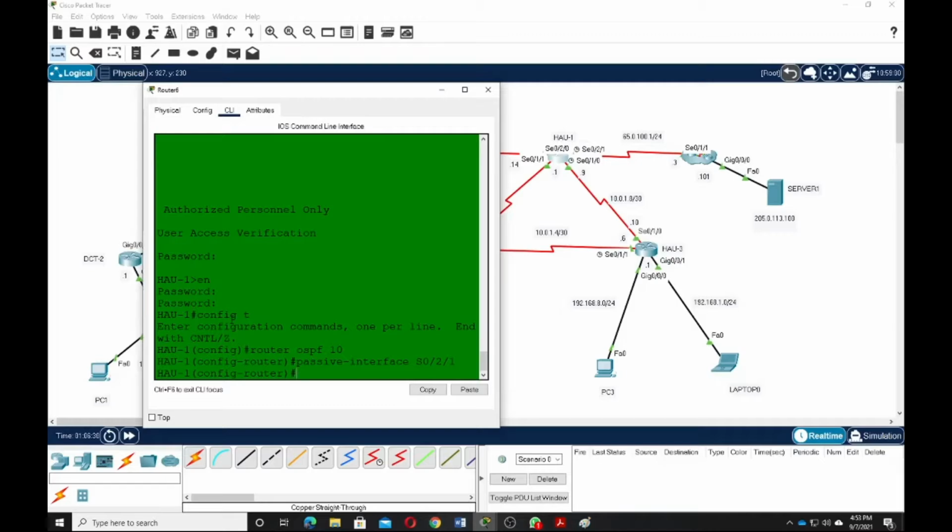Okay, and show IP protocols. Okay, passive interface 0/2/0.